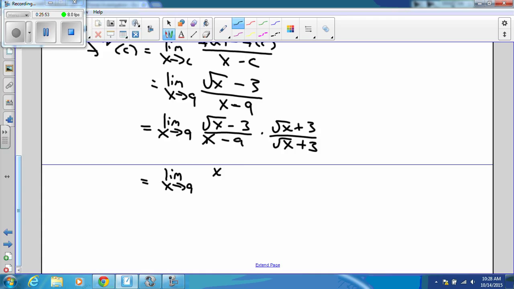And when we rationalize, root x times root x is x. Negative 3 times 3 is 9. And there is my common factor that can be canceled. Cancel, cancel. And now as I let x go to 9, then I get 1 over 3 plus 3, which is 1 over 6. And there's my slope.